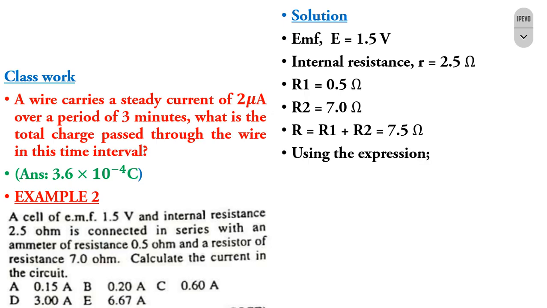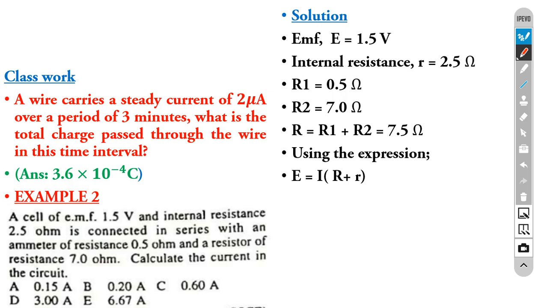Okay, so using the expression E equals I into R plus small r, we'll now check what we have before we go down. We have E to be 1.5.